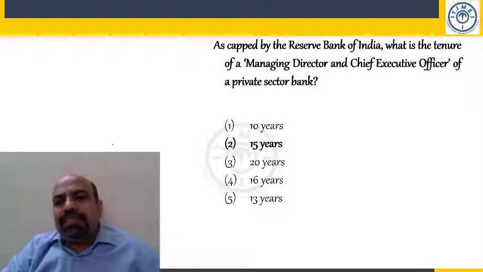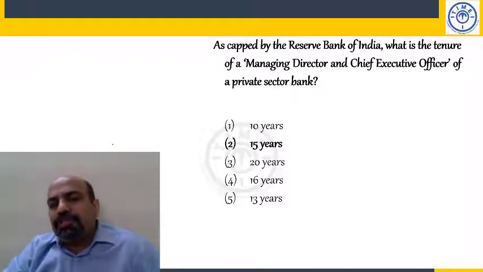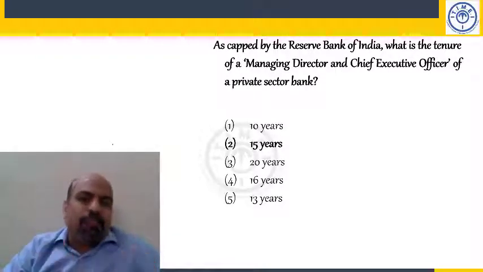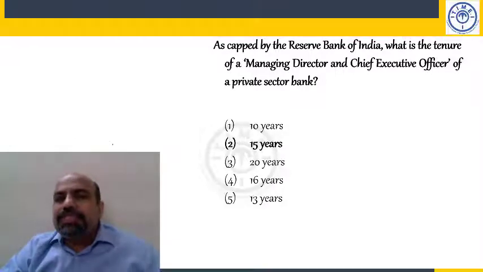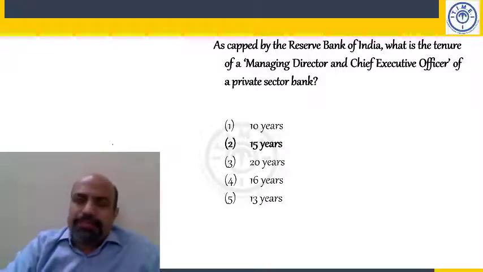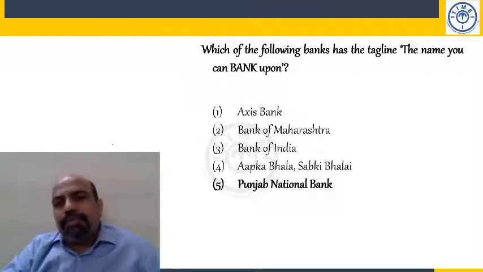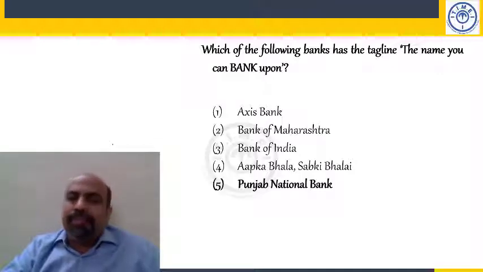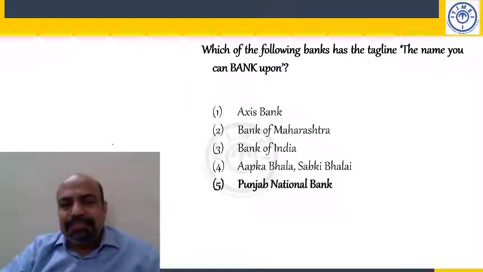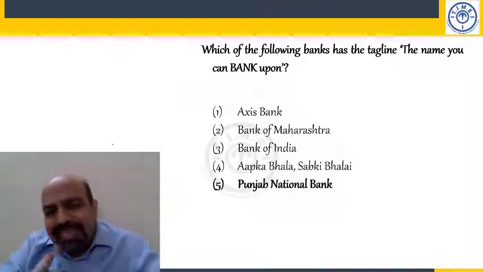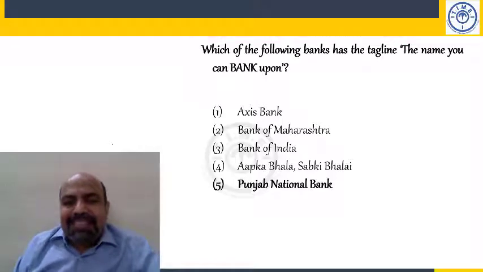As capped by the RBI, what is the tenure of a managing director and chief executive officer of a private bank? No person can be an MD or a CEO for more than 15 years. Very simple, straightforward question. Okay. Which of the following banks has the tagline, the name you can bank upon? The answer's there anyway. I think there is a mistake here. Look at this.